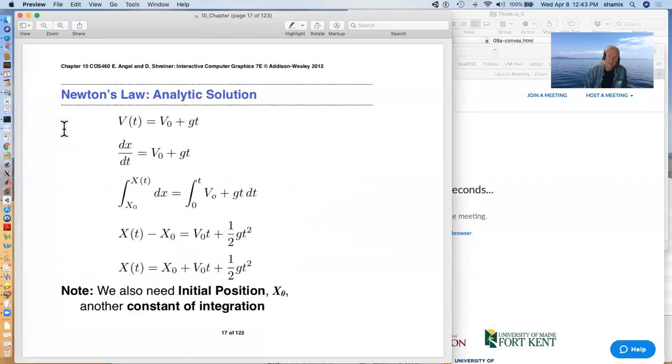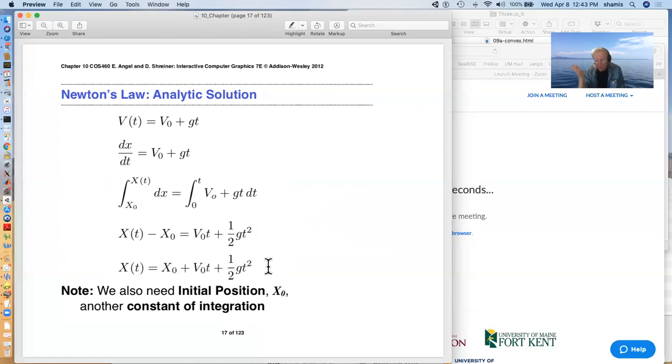Doing the next step, I solve for dx/dt is v0 plus gt. I integrate from an initial position to a position at some time, 0 to t, of v0 plus gt, dt. Integrating that, I get x of t is x0 plus v0t plus 1/2 gt squared.